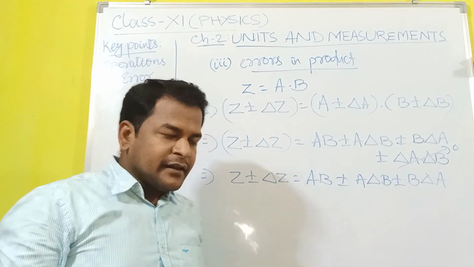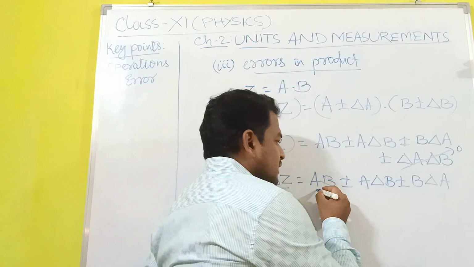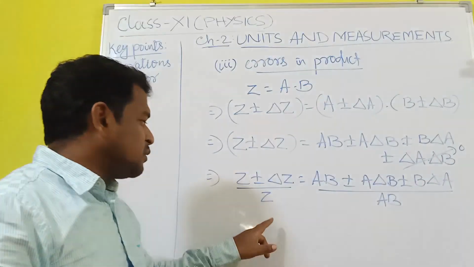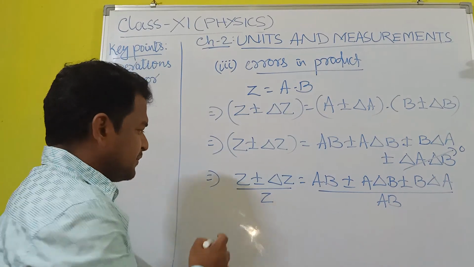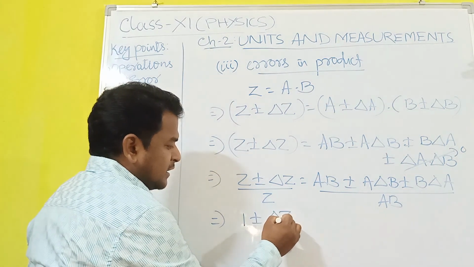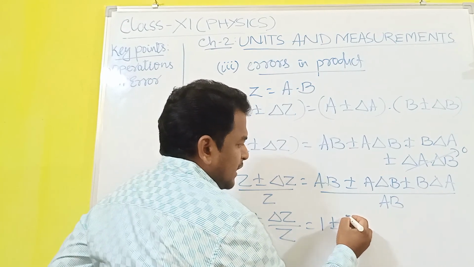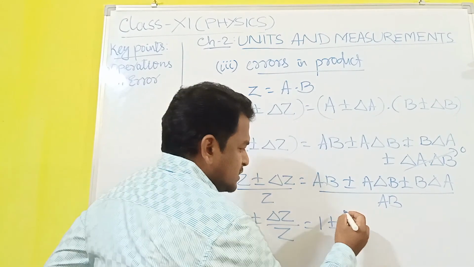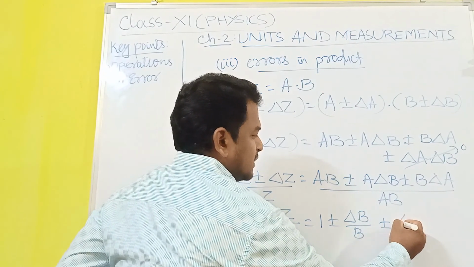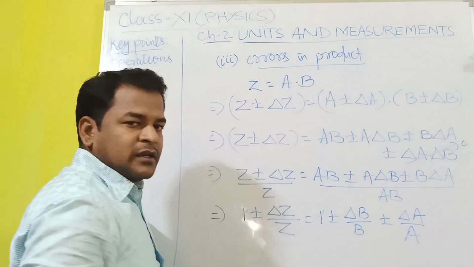Now dividing Z on the left hand side and dividing AB on the right hand side, there will not be any defect because we know Z equal to AB. So here it will be 1 plus minus delta Z by Z equal to 1 plus minus A delta B by AB, which will be delta B by B, plus minus delta A by A. Now 1 will be cancelled out on both sides.